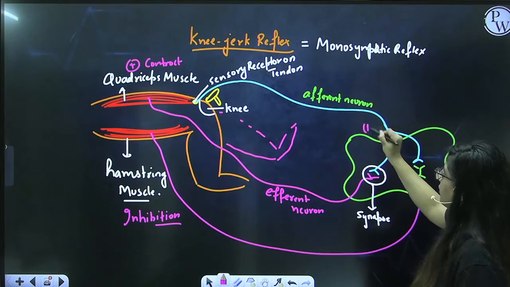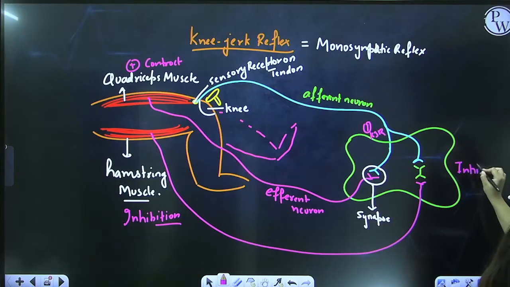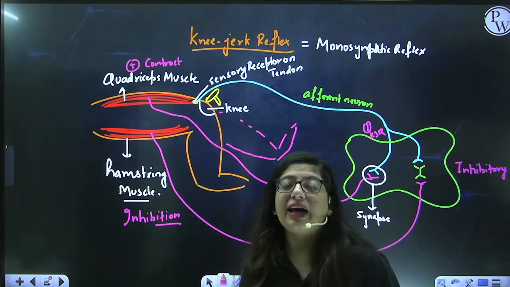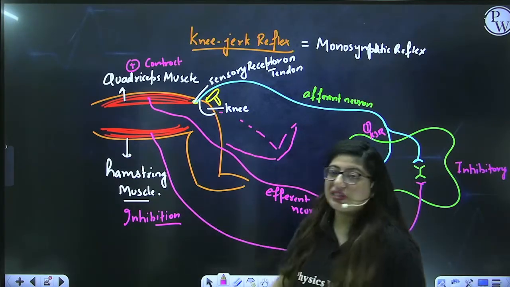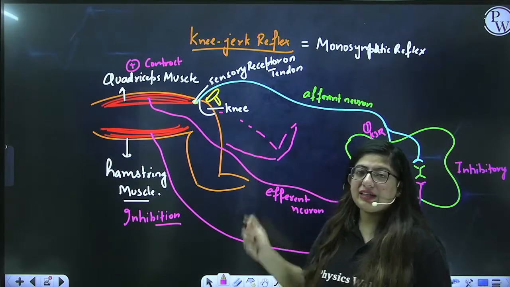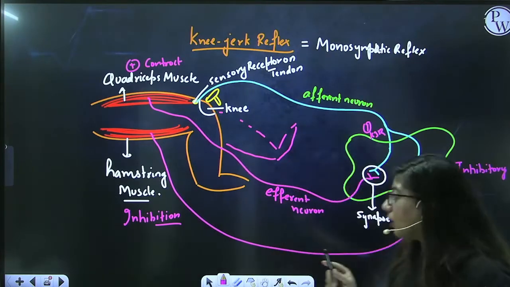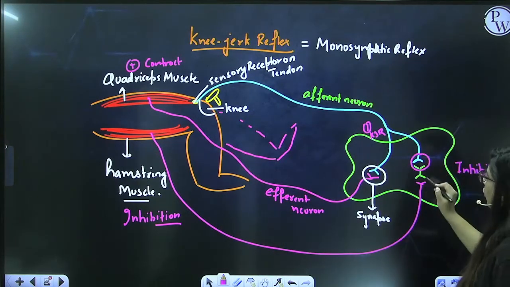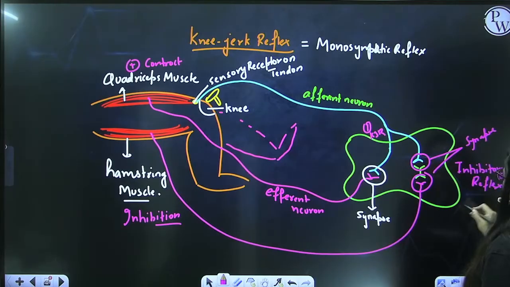First, the knee jerk reflex, and this one is the inhibitory reflex. In the inhibitory reflex, our only purpose is to inhibit the hamstring muscle, because if the hamstring contracts, it will always lead to folding of the leg, and if it stops, the leg can easily be straightened by contracting the quadricep muscle. Now you can see there are two synapses. So the inhibitory reflex is a kind of polysynaptic reflex.